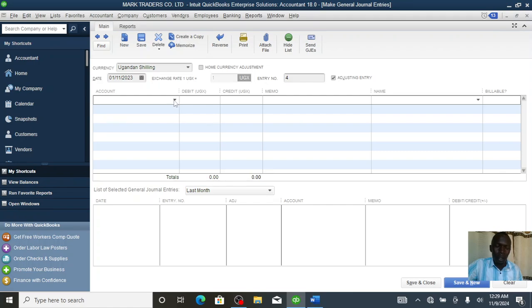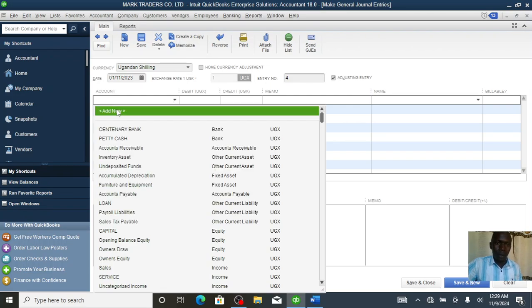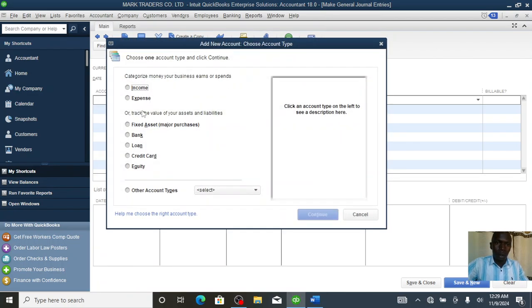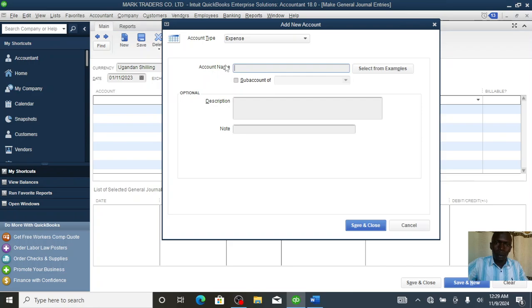So we debit these expenses, which we start with fuel. It is under expense. Name is fuel. Save.